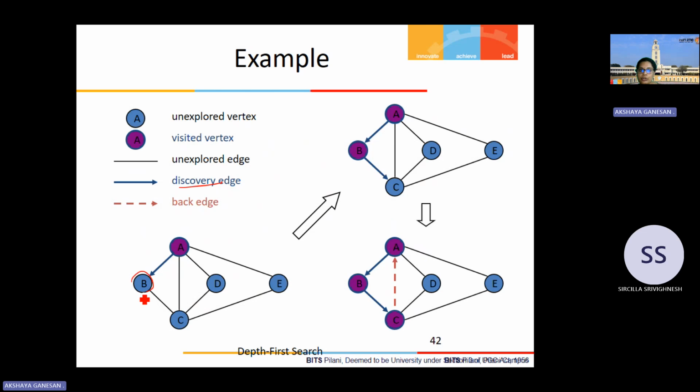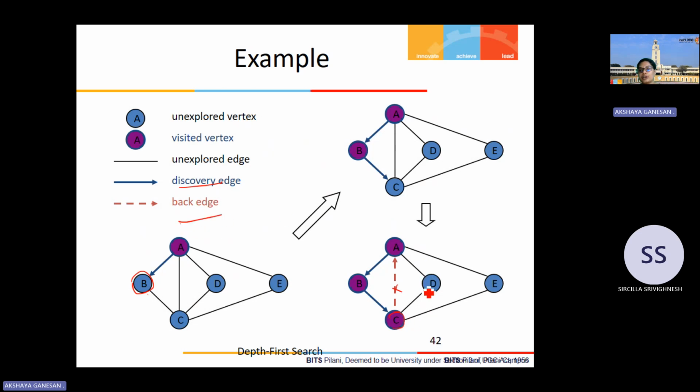From that, I go to the next unexplored node. So I mark this as discovery edge and this as explored. So from this, again, I go to the next node. So here from C, I can go to A, but A is already visited. So I make this as a cross edge or back. Here we call it a back edge because it is backtracking.